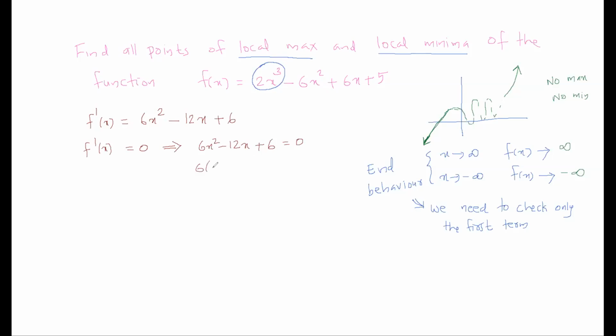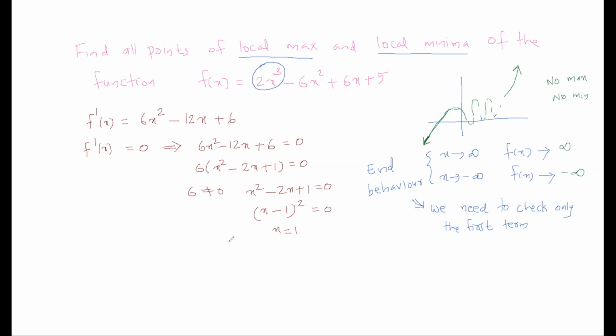You can take 6 common: x square minus 2x plus 1 is equal to 0, since 6 is not equal to 0. It is x minus 1 the whole square is equal to 0. That means x minus 1 is equal to 0, that means x is equal to 1.